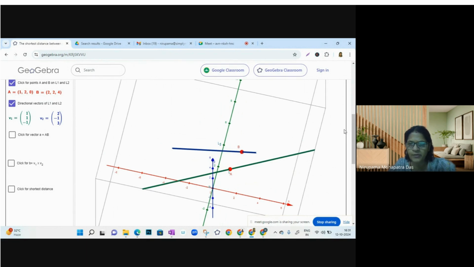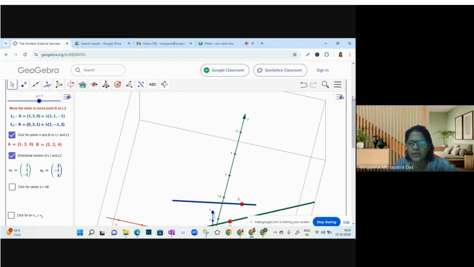As we are familiar with the equation of a line, by looking at the equations we can say whether the lines are parallel.